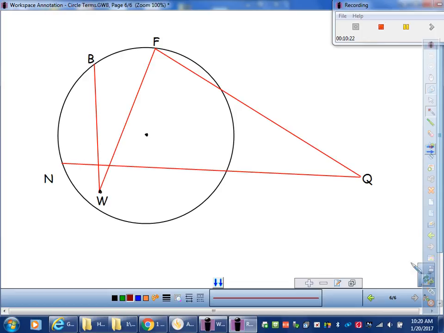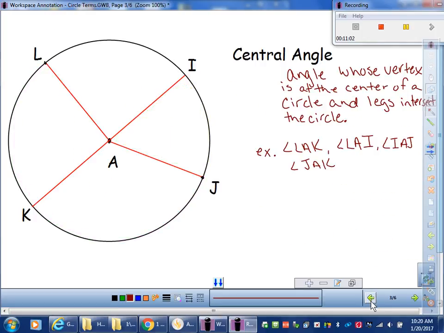Now, there's one other thing I needed to cover, and that's dealing with a central angle. Please know that in the case of a central angle and its arc, the angle equals the arc measure, and vice versa.